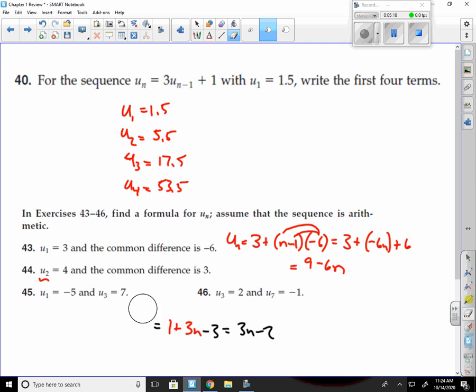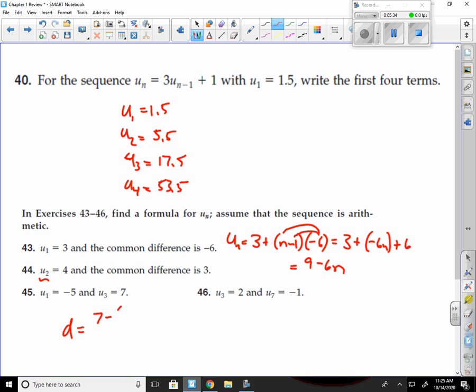Number 45. Here we have u sub 1 is negative 5, u sub 3 equals 7. In order to find what our common difference is, I need to do 7 minus negative 5 over, and then you just do 3 minus 1. Seven minus negative 5 is 12. 3 minus 1 is 2. 12 divided by 2 is 6.